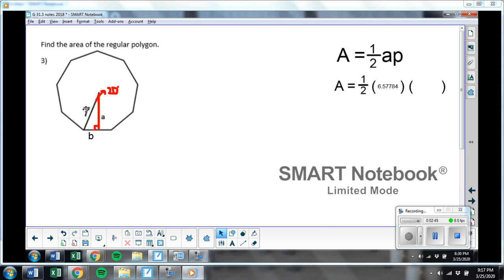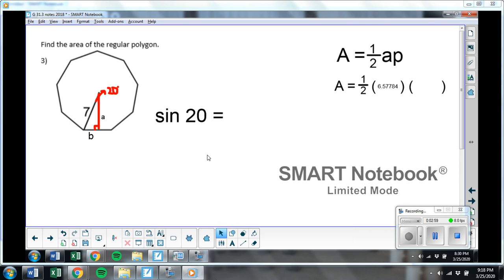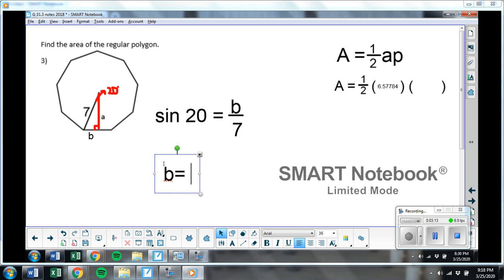So let's use trig. Ignore the A. We have the opposite and a hypotenuse, so sine of 20. Because from the 20, we have the opposite, B, and the hypotenuse, 7. Again, solve for B by cross multiplying.